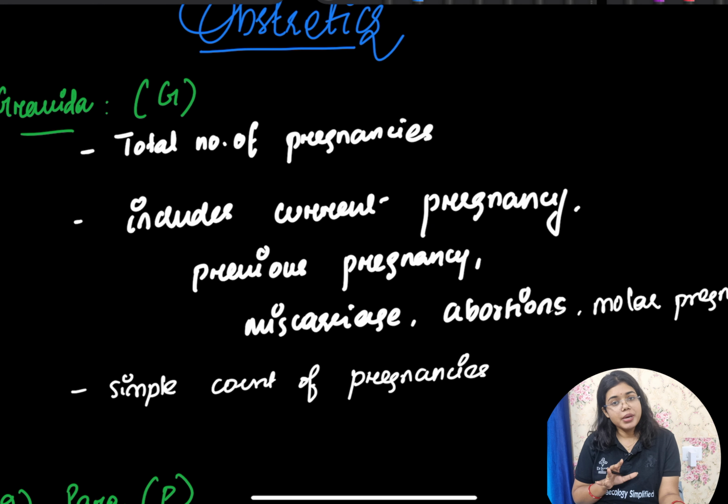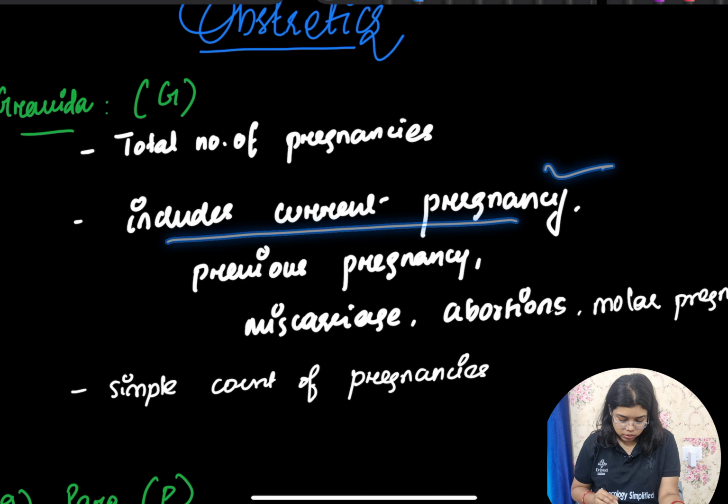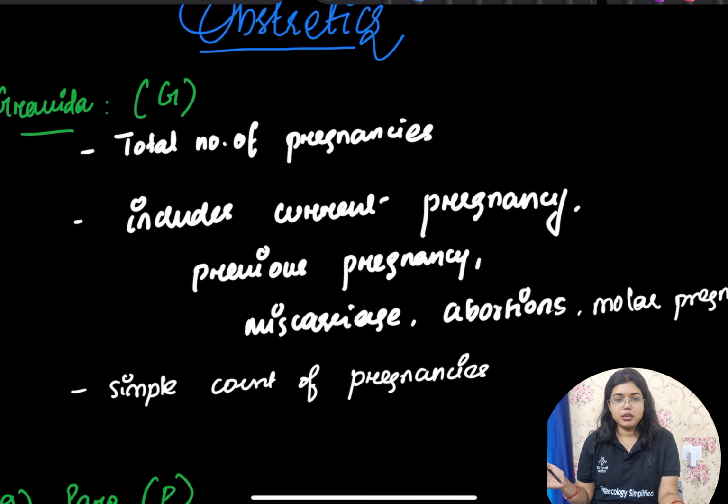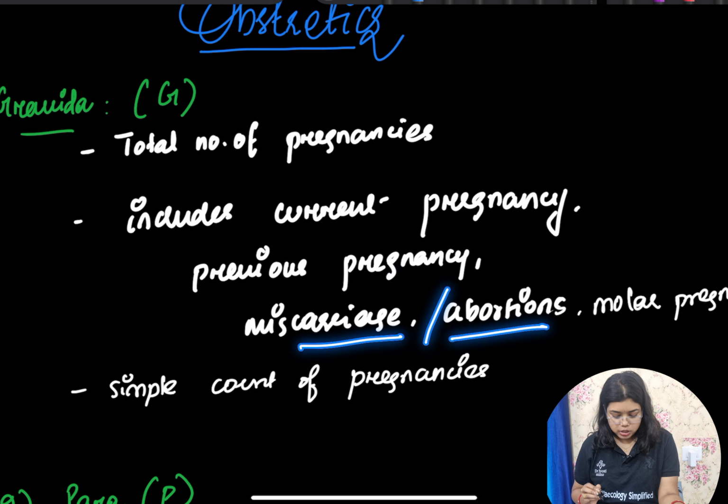If she is pregnant, that means she is gravida. So it includes the current pregnancy and also the previous number of pregnancies, and it also includes miscarriages or abortions, that is spontaneous as well as induced.